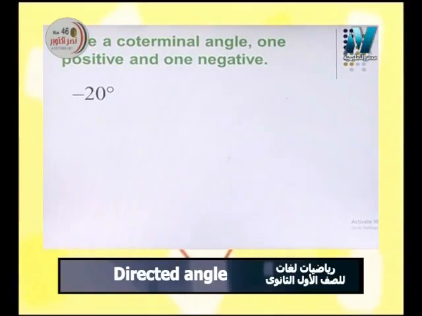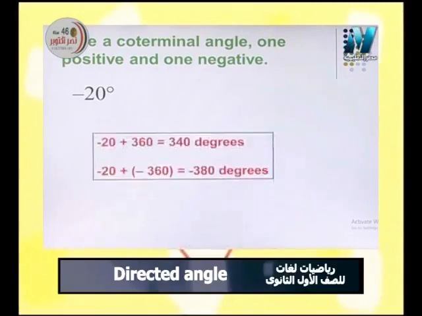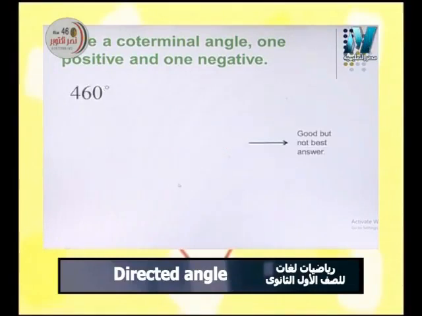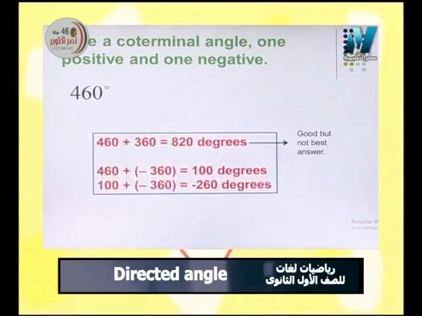Give a coterminal angle, one positive and one negative. Negative 20 plus 360 equals 340 degrees, and negative 20 plus negative 360 equals negative 380 degrees. Give coterminal angles, one positive and one negative, for 460. 460 plus 360 will be 820 degrees, but it is not very good because we want the simplest form angle.